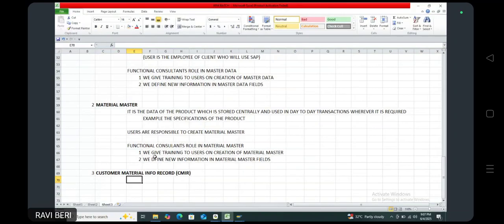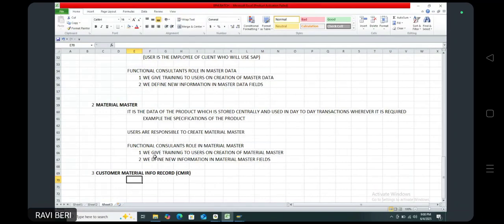They don't follow company material codes. Big customers like Walmart and IKEA have their own material codes. For these customers, you will have a CMIR requirement. They don't follow company material codes.